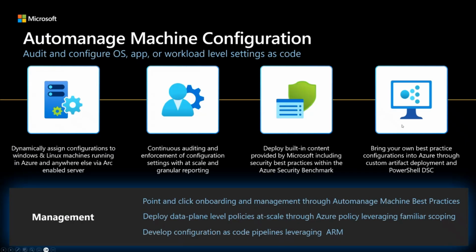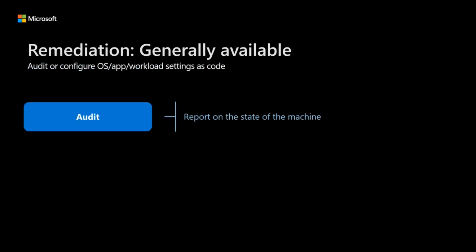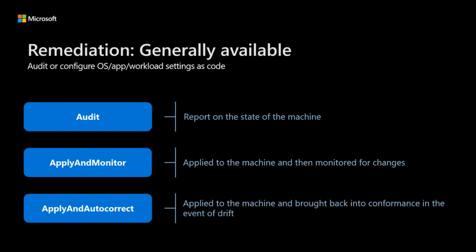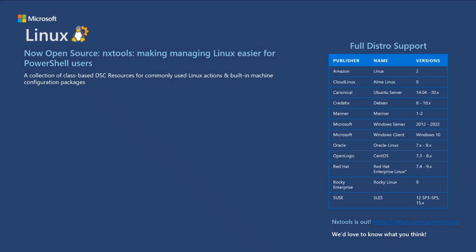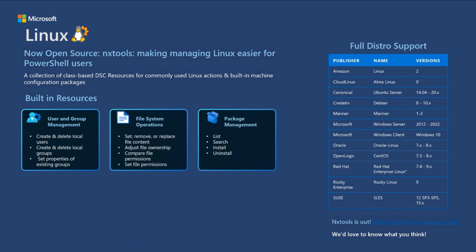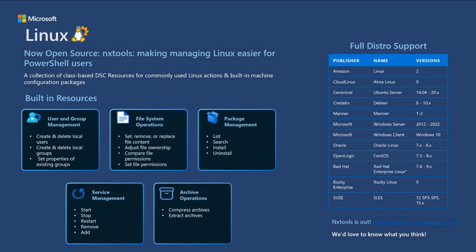And I know we're running a little on time here, but one other thing to note, we'd already kind of covered the different remediation options. But one other thing to note is we had definitely focused primarily on Windows in these sessions, for obvious reasons. But one of the things the product group for machine configuration for AutoManage is really looking to do is enable all of these features for Linux distributions as well.